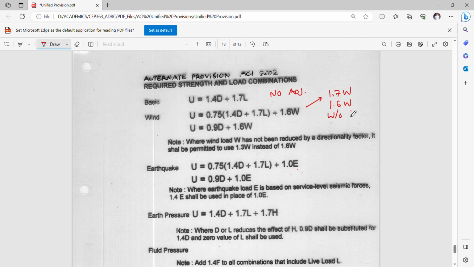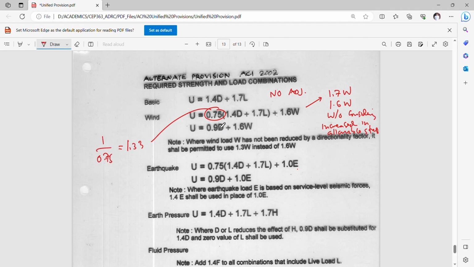Okay, so without considering the increase in allowable stress, and that's 1.33. So this is again the 1.33 increase because the reciprocal of 1 over 0.75 is 1.33.